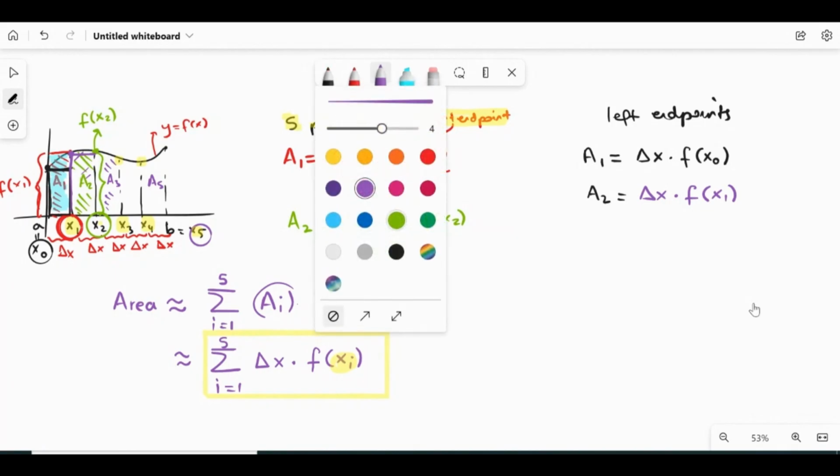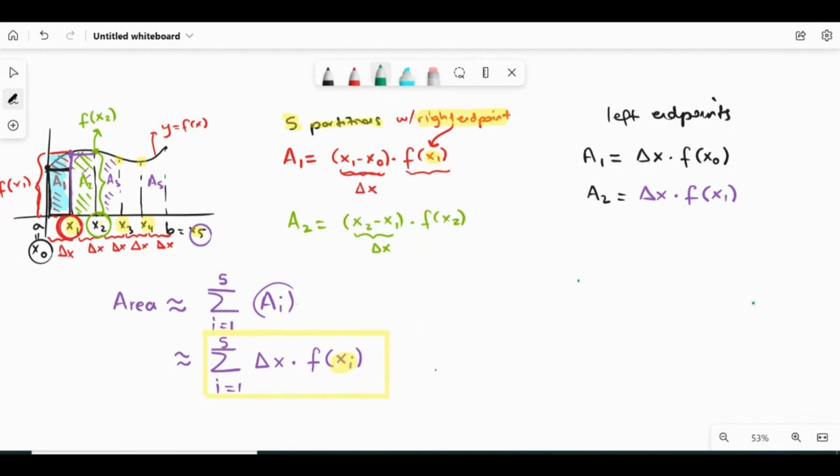So we can just write the area. We can just adjust the formula we had here. Sum of the 5 rectangles we have here. But in this case, we just used a different height, right? Because we picked a different point to determine the height of the function.